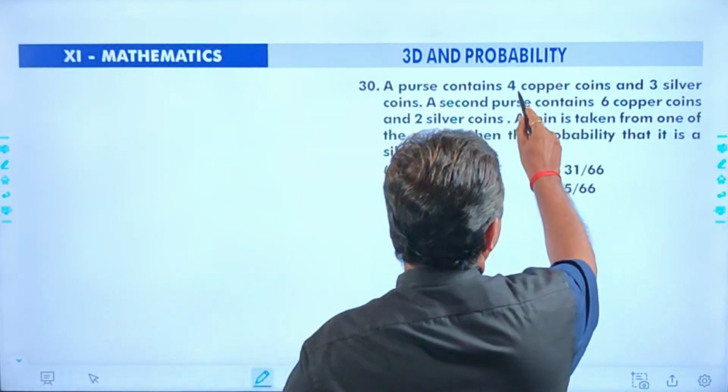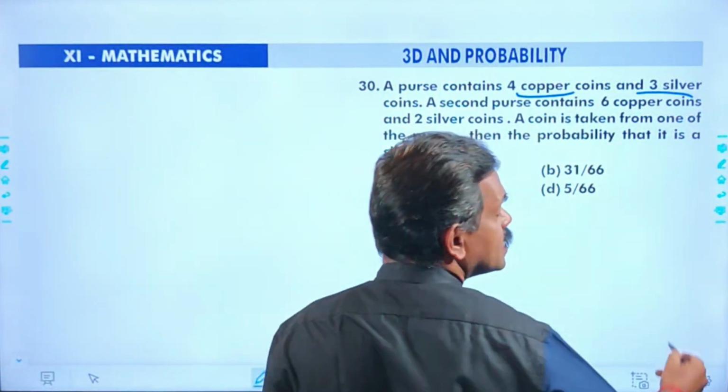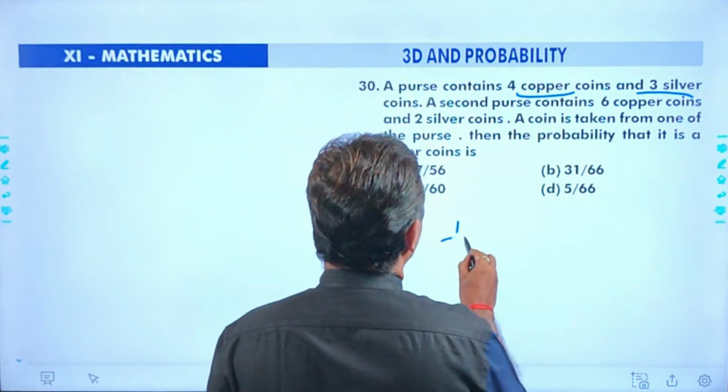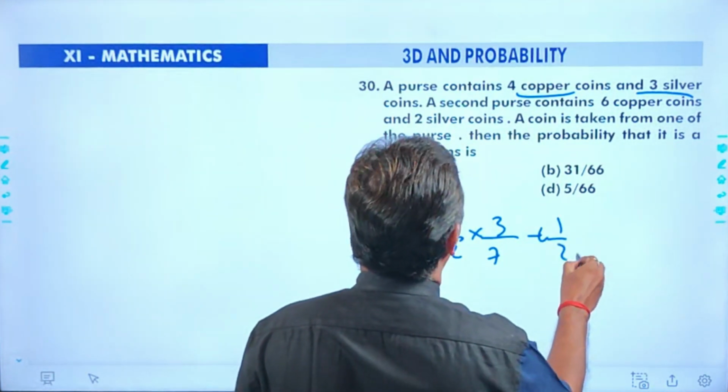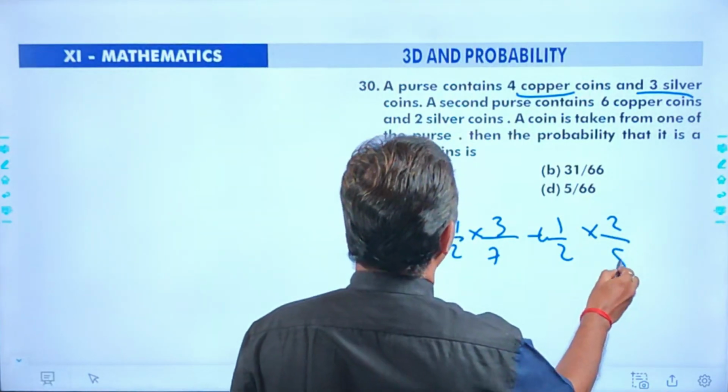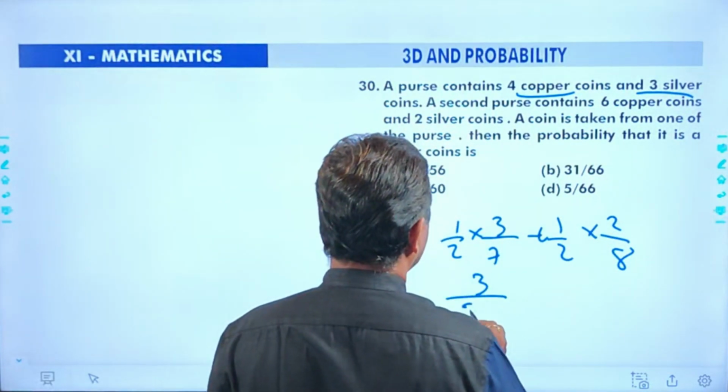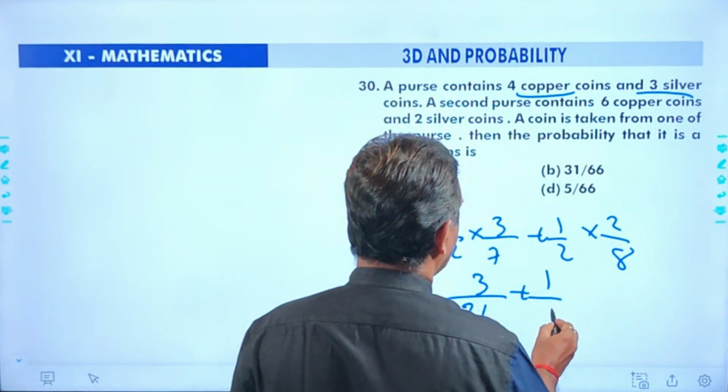A person, I think the same question we did earlier. At that time we discussed the copper questions. They asked us the silver question. So it will be 1 by 2 times 3 by 7 plus 1 by 2 times 2 by 8. So it will be 3 by 21 plus 1 by 8.